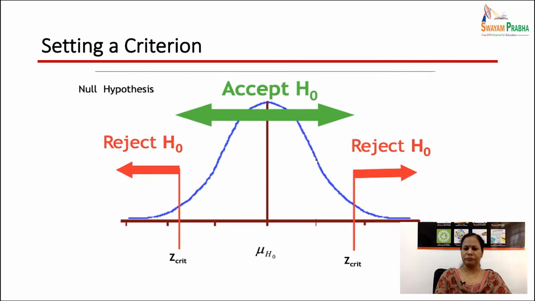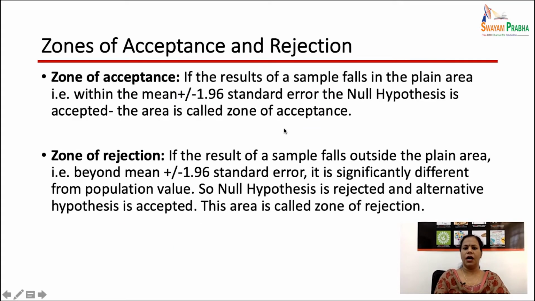So 95% of the values lie within the acceptance range, or acceptance zone. If the values of the sample lie within this accepted zone, then we will accept our null hypothesis. It means there is no difference between the sample mean and the population mean, and we call this area the zone of acceptance.